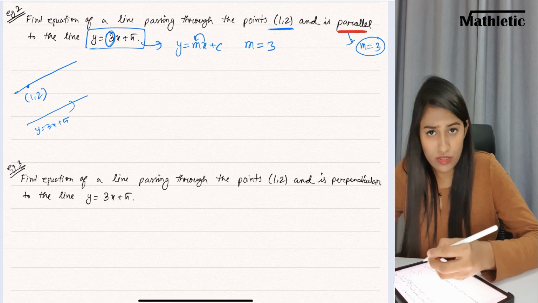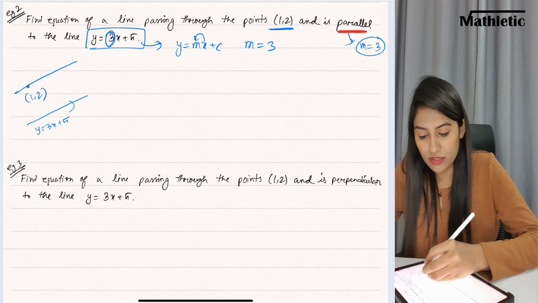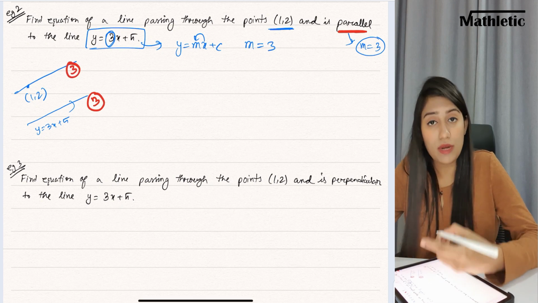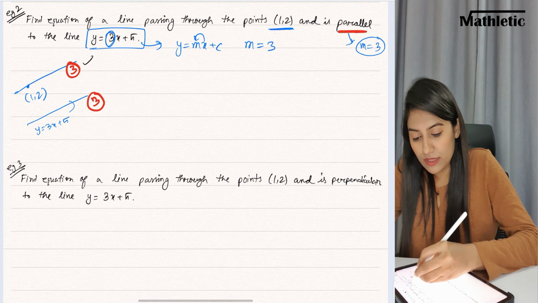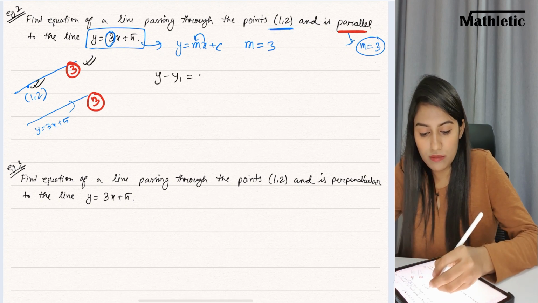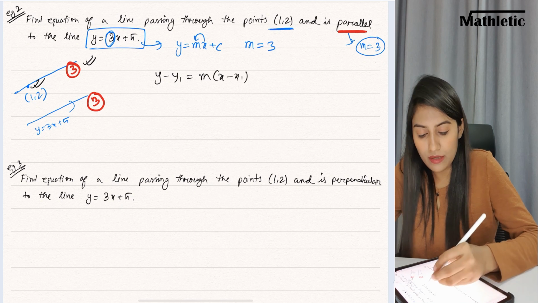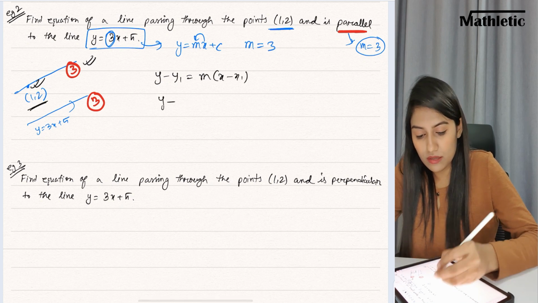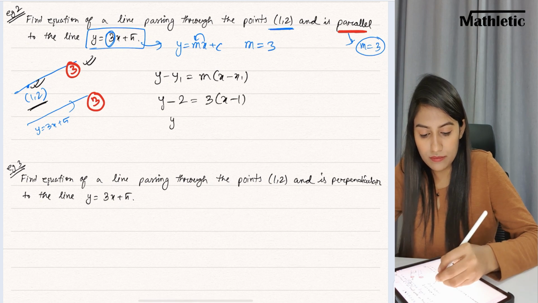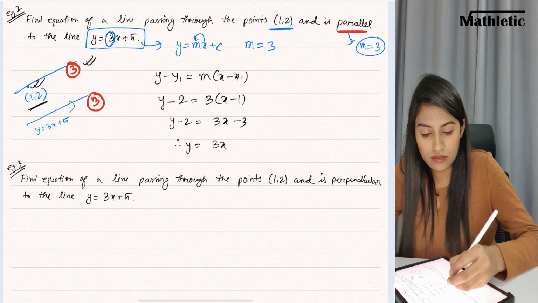You do not need to draw the diagram; I'm just using this to make things clear. So the gradient is 3, and x1, y1 is (1, 2). I will just substitute them into the formula. So y minus 2, gradient is 3. So the final line is y = 3x minus 1.